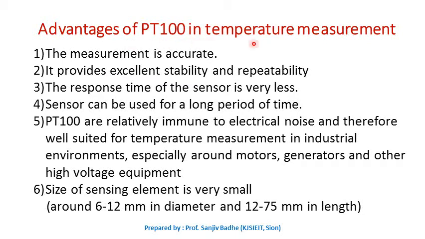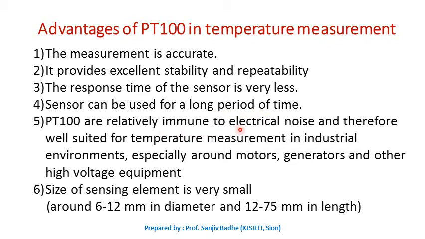These are the advantages of PT100 in temperature measurement. With PT100, the temperature measurement is accurate. It provides excellent stability and repeatability. Response time is very less, and it can be used over a long period of time.